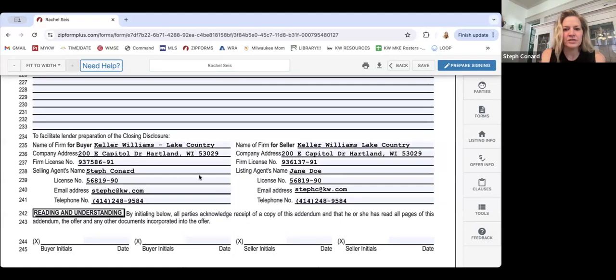Please fill these out completely. This information is needed for the additional parties who are receiving the offer and working on the transaction, like your title companies, your lender, etc. So make sure that you are completely filling that out.